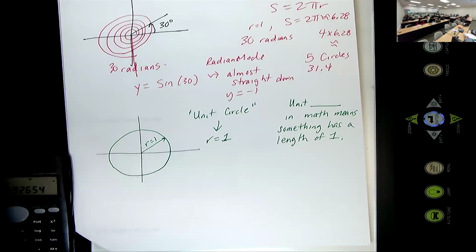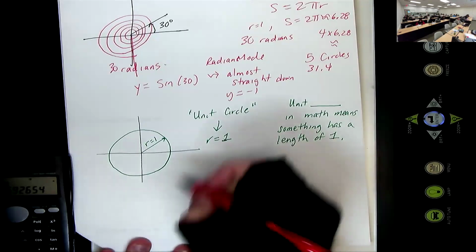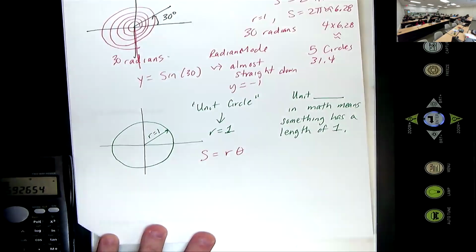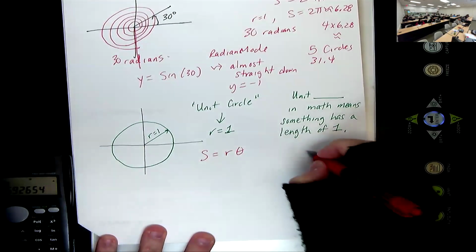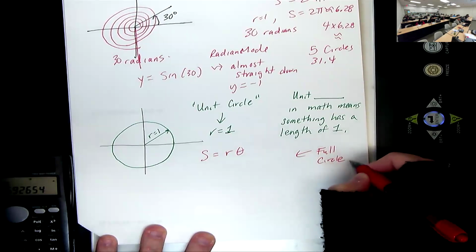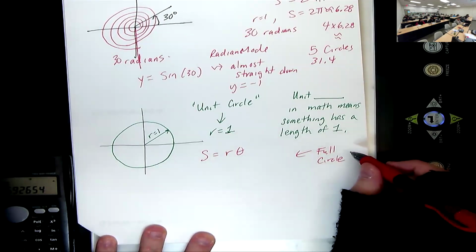So let's take a look, in fact, I even said it earlier. If S equals R theta, and we do a full circle, remember, S is the perimeter, the distance around it.